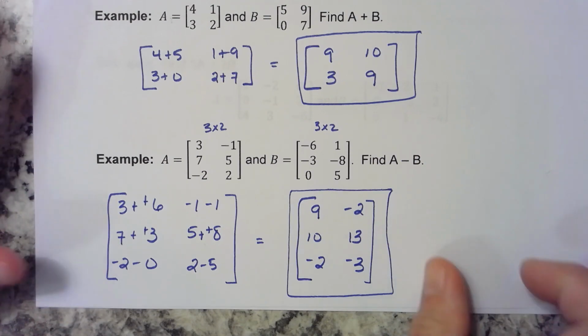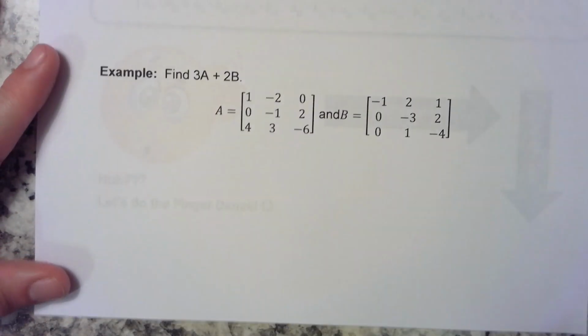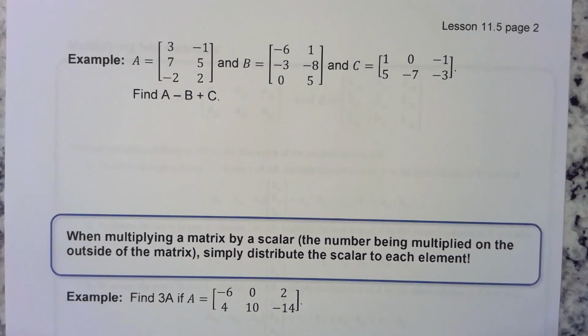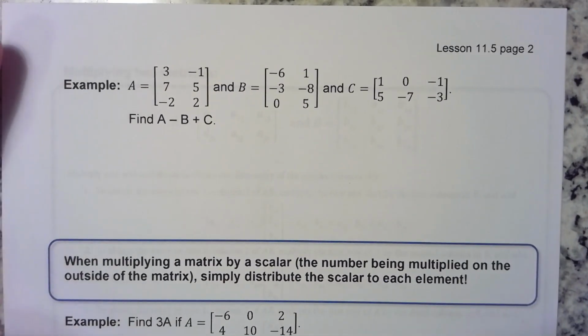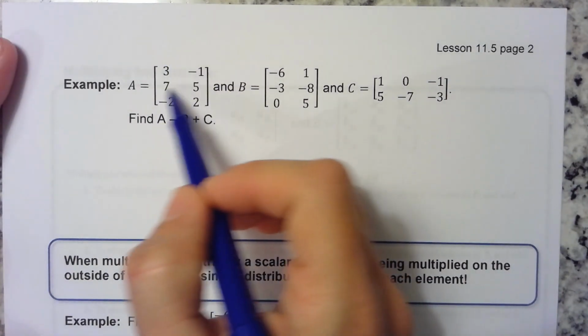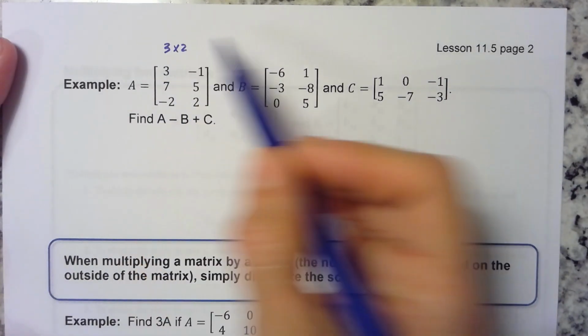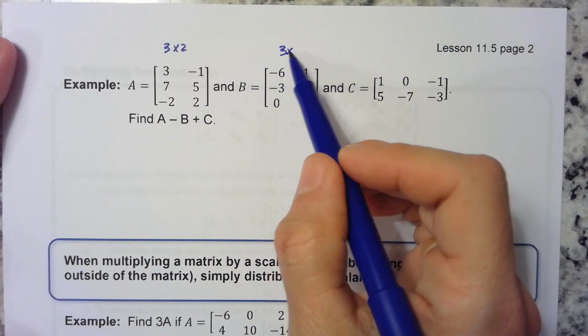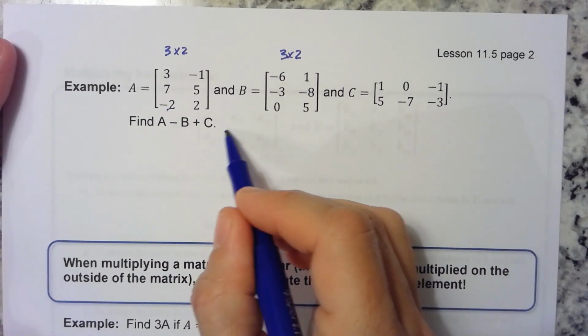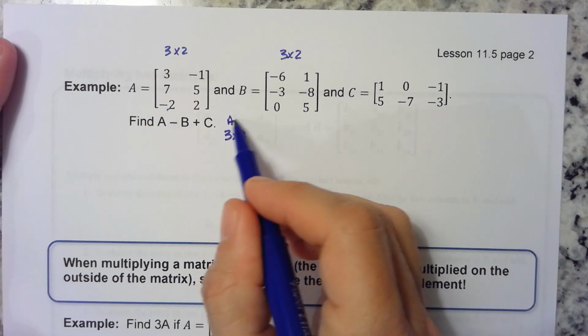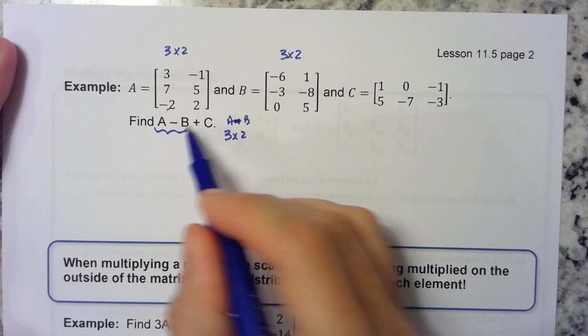So what if you combine all of those? What if we want to find A plus B minus C? Well, this one's going to be a 3 by 2, and this one is also a 3 by 2. So when you add these together, you will end up with a 3 by 2, right? Then you want to add that to a 2 by 3.